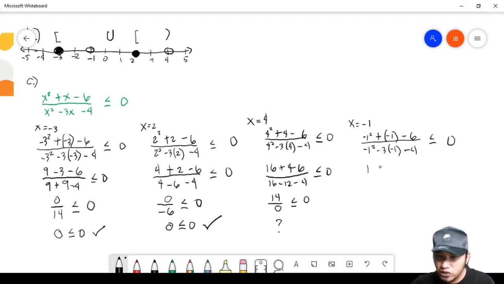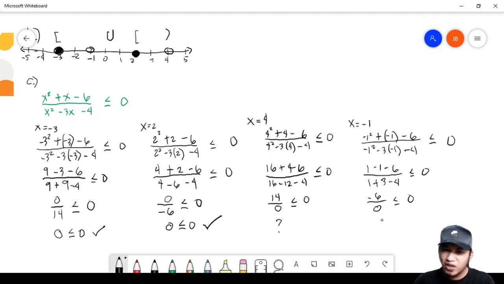Negative 1 squared is 1, plus negative 1 is 0, minus 6 is negative 6. In the denominator, negative 1 squared is 1, negative 3 times negative 1 is positive 3, so 1 plus 3 is 4, minus 4 is 0.